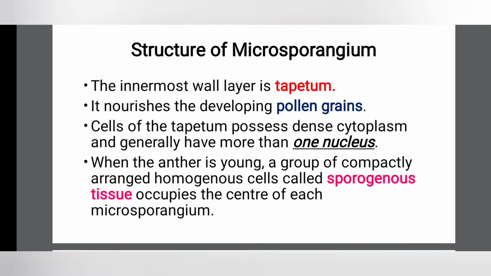When the anther is young, a group of compactly arranged homogeneous cells called sporogenous tissue occupies the center of each microsporangium. This sporogenous tissue is present at the center of each microsporangium.